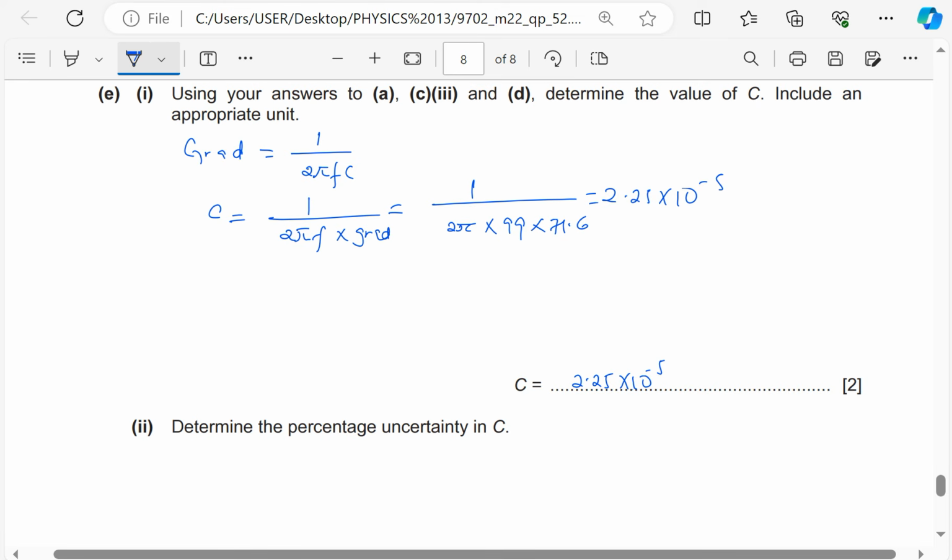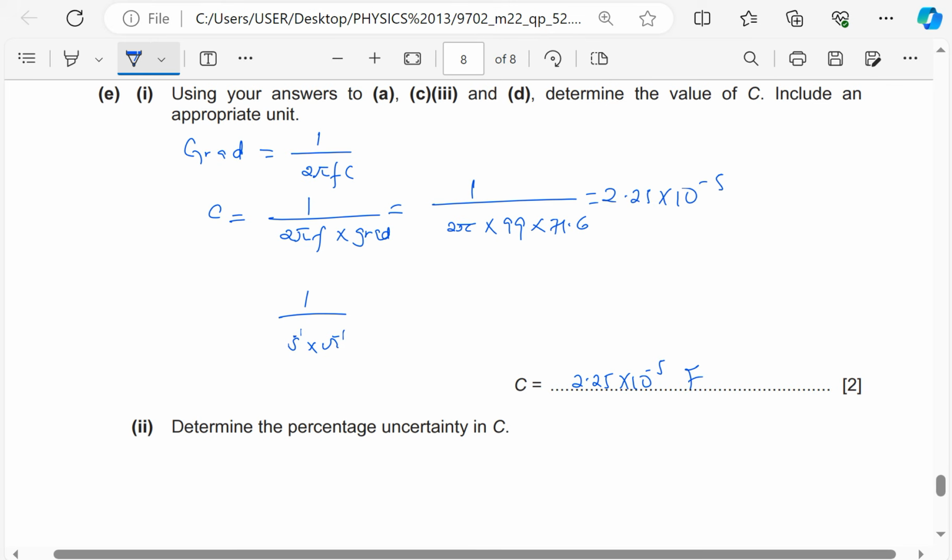Because the FC was capacitance, I can say farads. But if I use the gradient, F is frequency, per second, and the gradient on the vertical was a ratio, which was tan theta, on the x-axis it was per ohm. What is the unit for the gradient?